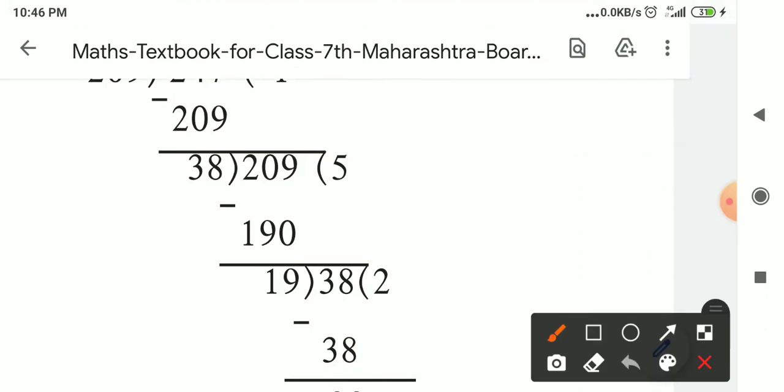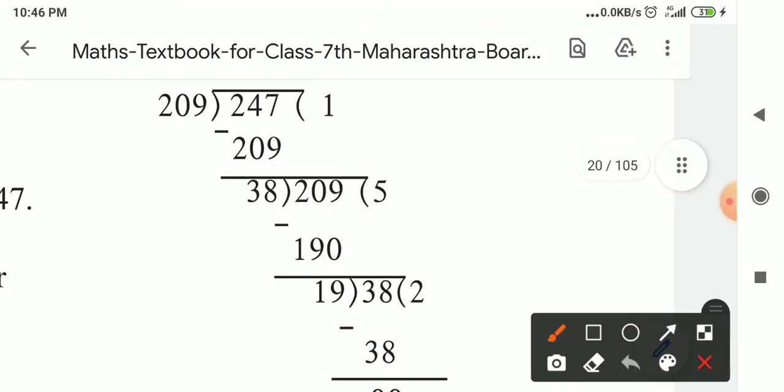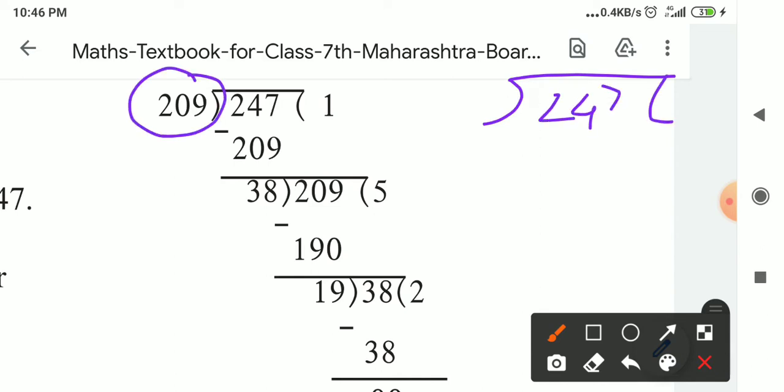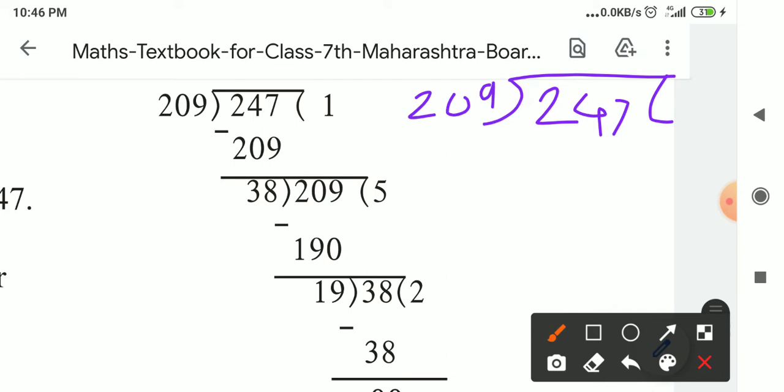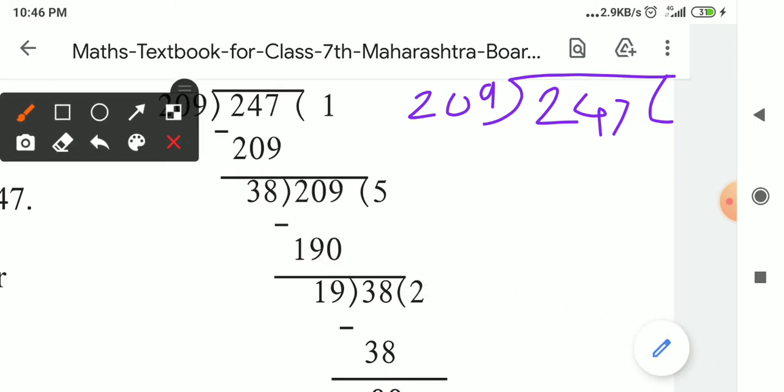First of all, we take 247 here and divide it by 209. 209 2s are 418, which is bigger than 247, so we take 1 here. 209 subtracted from 247 gives 38.